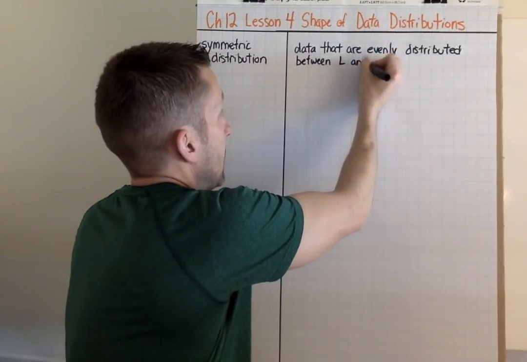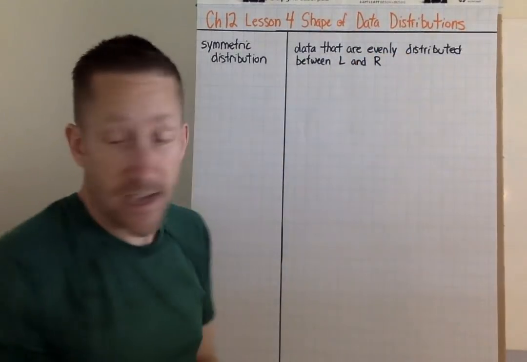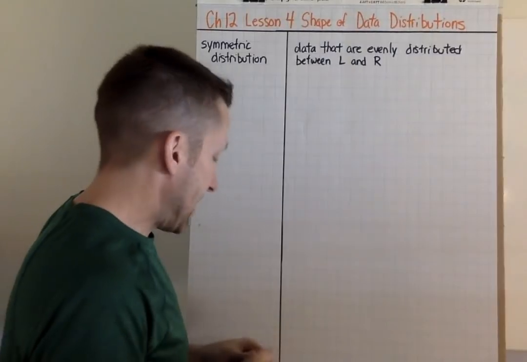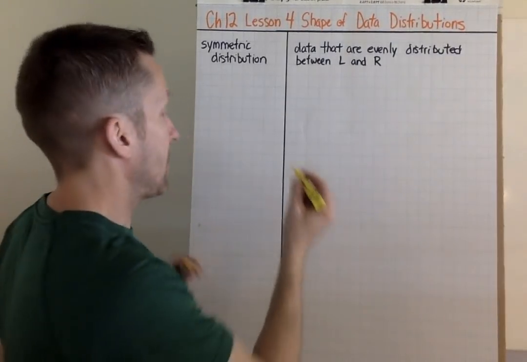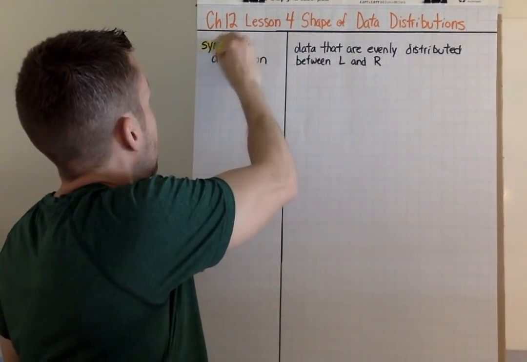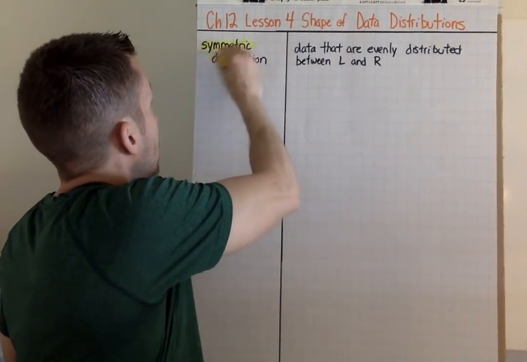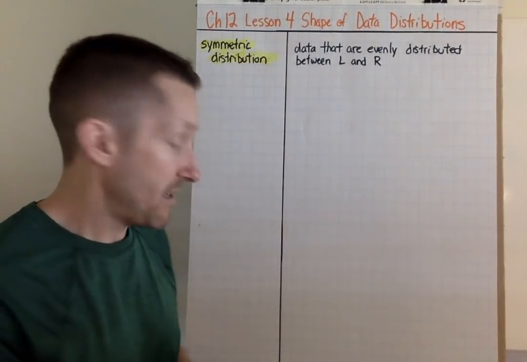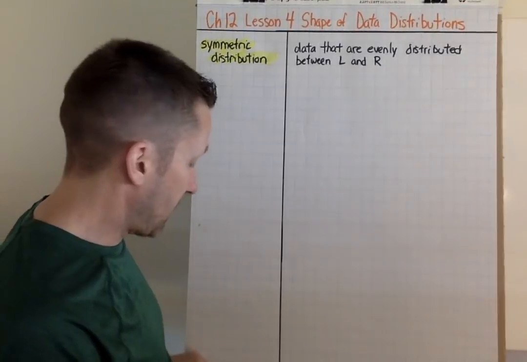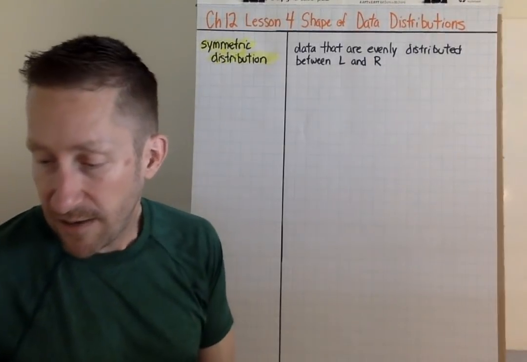If your distribution is symmetric, it's the same on the left side as it is on the right side. So that's one key classification or way to talk about your data. Is it a symmetric distribution or not?